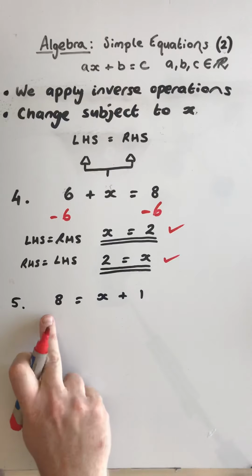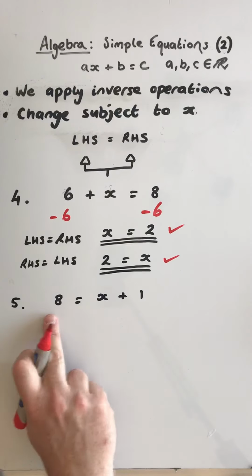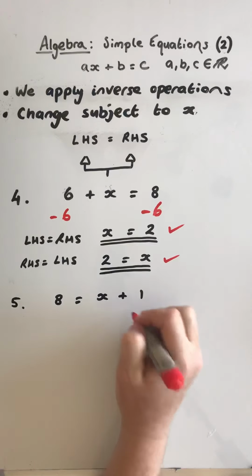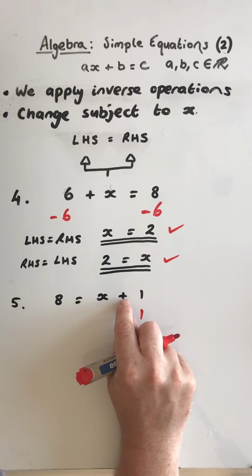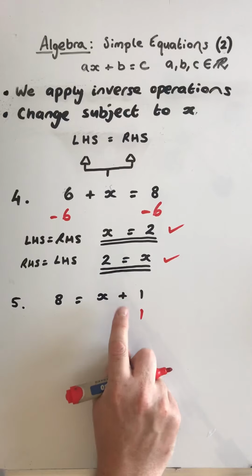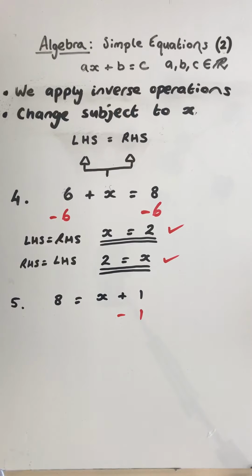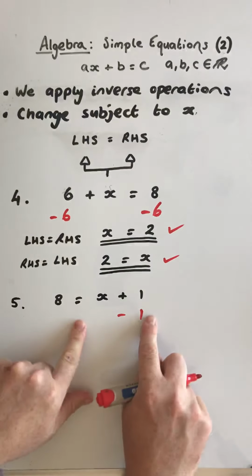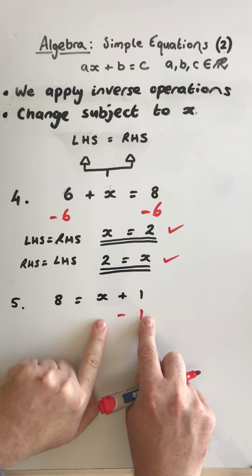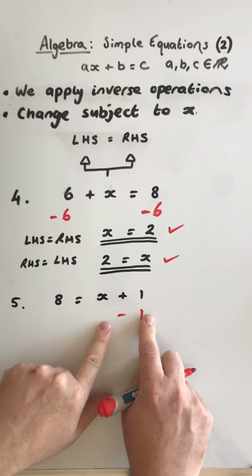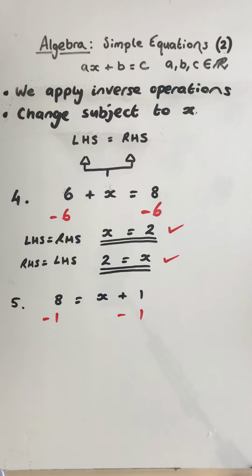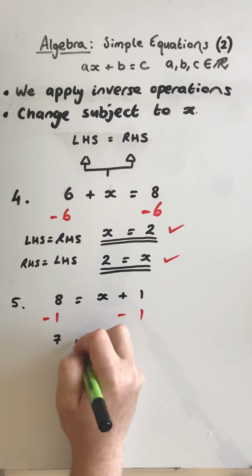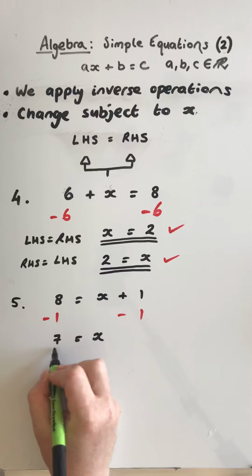So by applying inverse operations, positive 1, minus 1, the inverse operation of addition, the additive inverse, is minus. We have to keep it balanced. If we're applying this inverse operation here, minus 1, then we are also doing the same here. So 7 is equal to x.